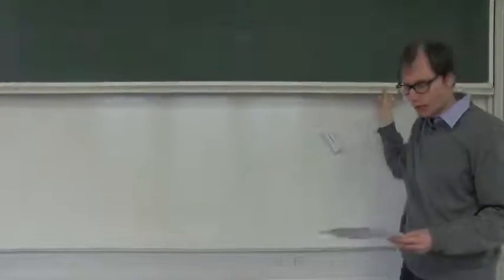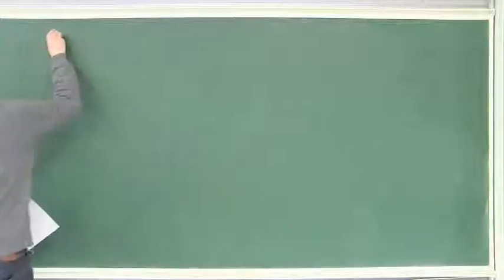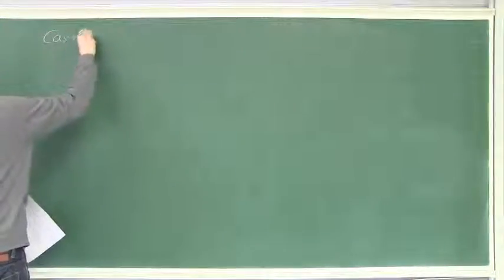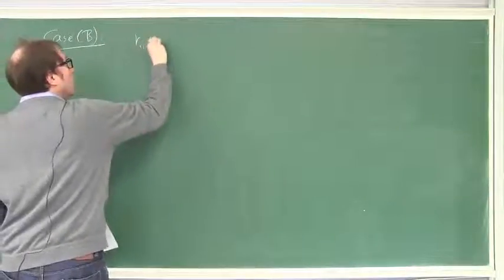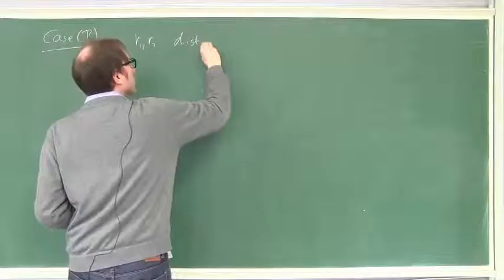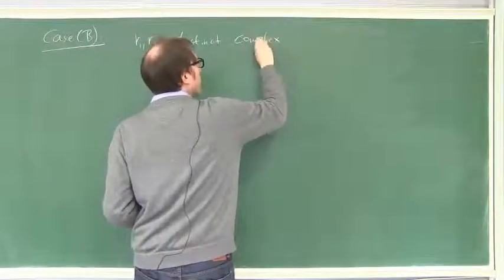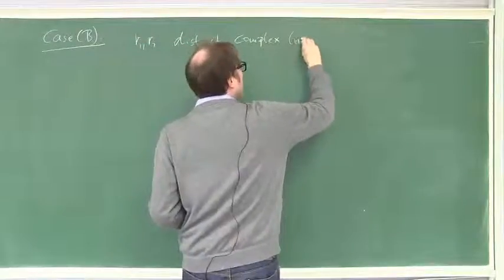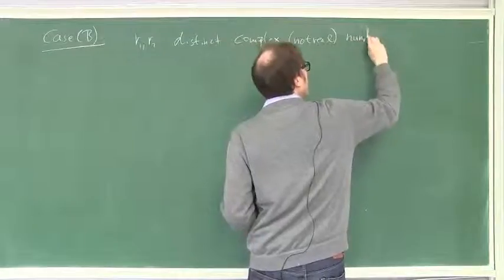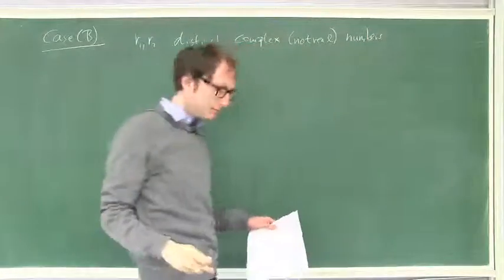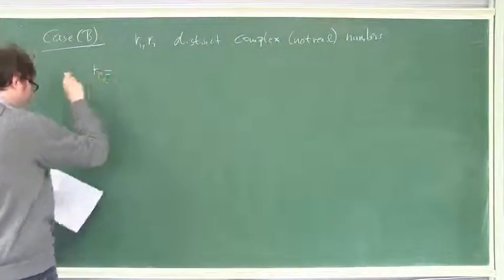So let's talk about case B, the complex number case. In this case, R1 and R2 are distinct complex numbers. By this, of course, I mean complex, not real. Okay, so let's write out what it is.